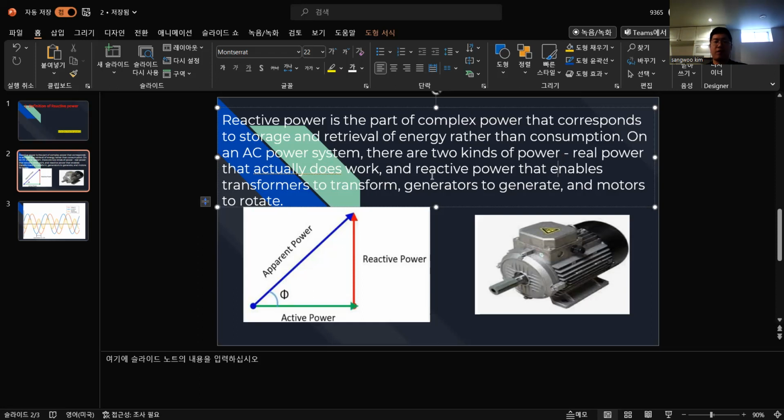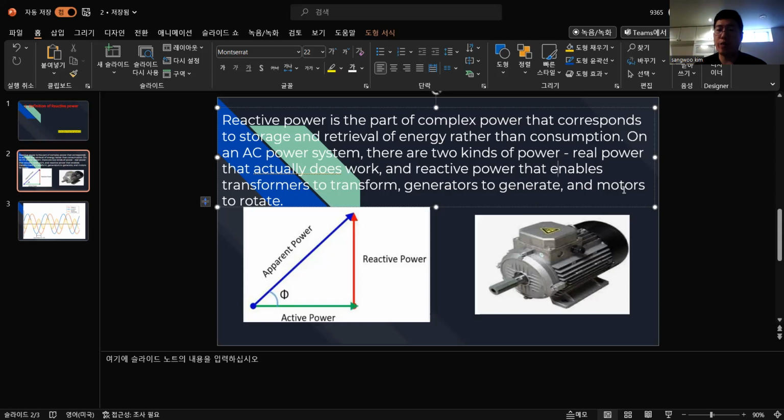If you understand this, how could we imagine what reactive power is? What's the difference? If you say real power actually does work, but reactive power enables motors to rotate. Actually, motors rotating is actual working, isn't it?